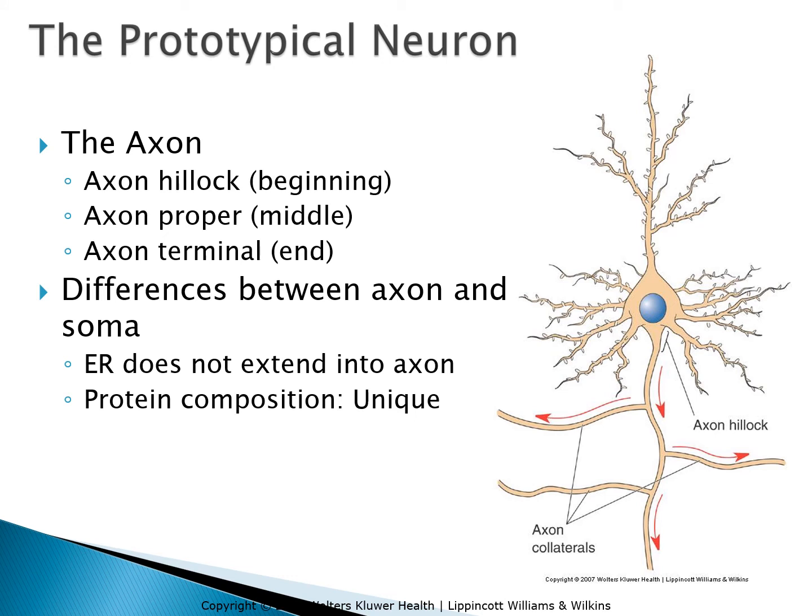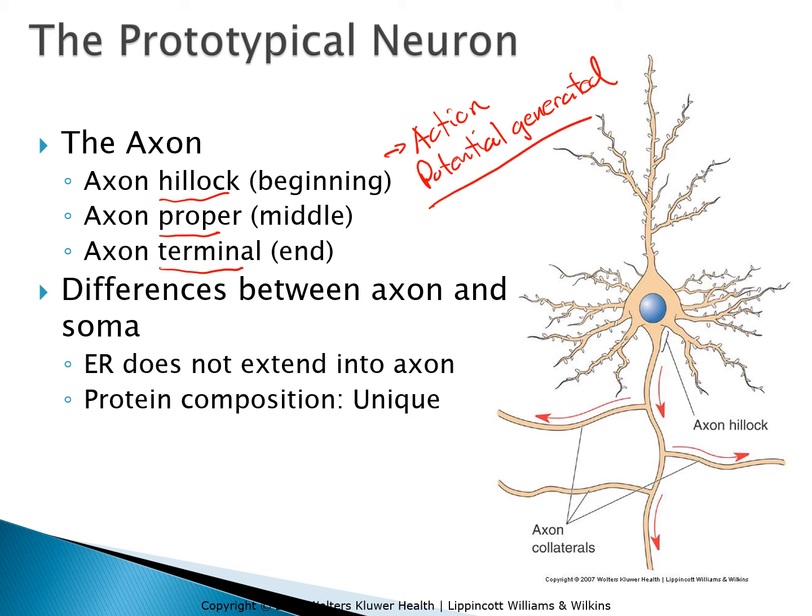So the axon has three parts. Okay, it has the axon hillock, the axon proper, and the axon terminal. The axon hillock is going to be where action potentials are generated. We'll get more into what an action potential is later. That is the point where basically there's an all or none reaction to say, do we have an action potential or not?